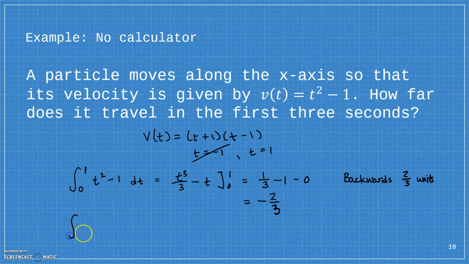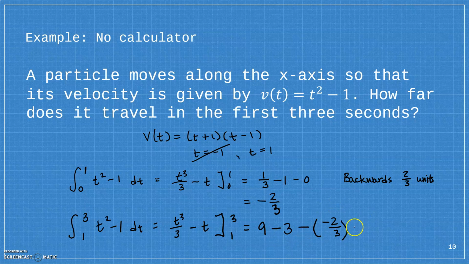And then we're going to do the integral from 1 to 3, and this would be forward motion, I assume, but let's figure it out. So that'd be 27 divided by 3, which is 9, minus 3, and then minus, well, we already know if I plug 1 in, I get negative 2/3.